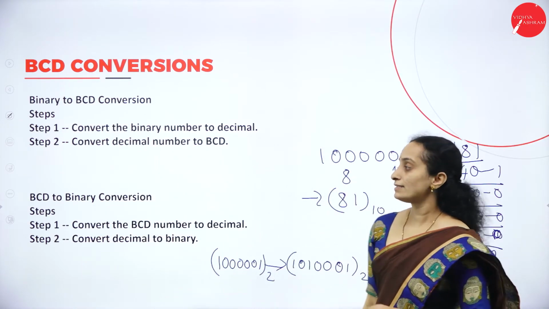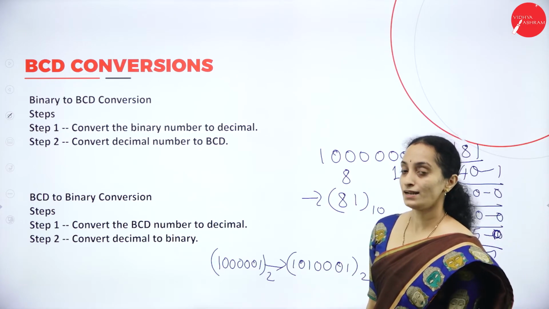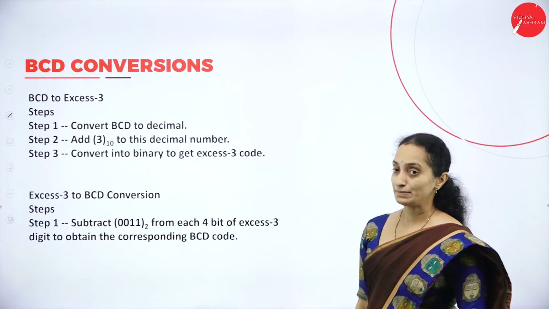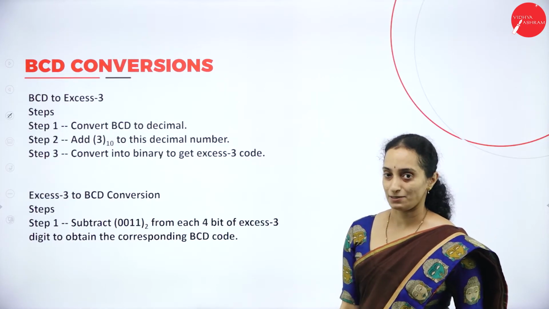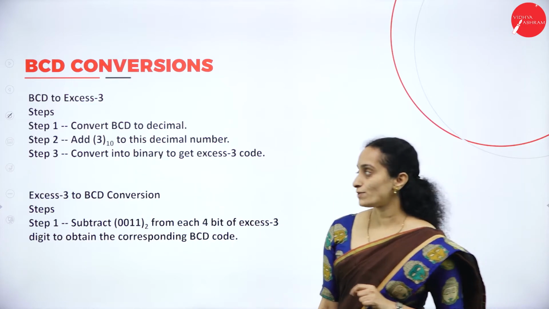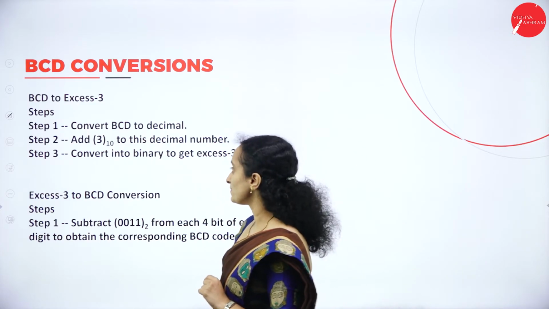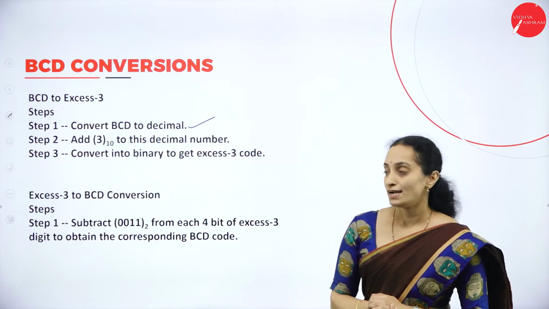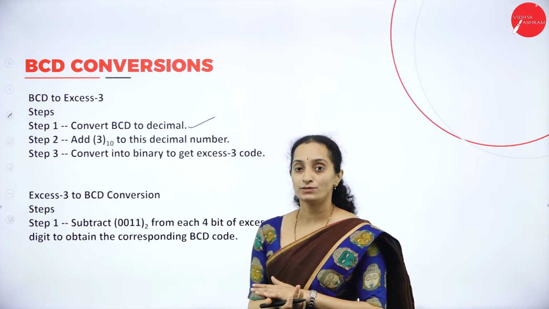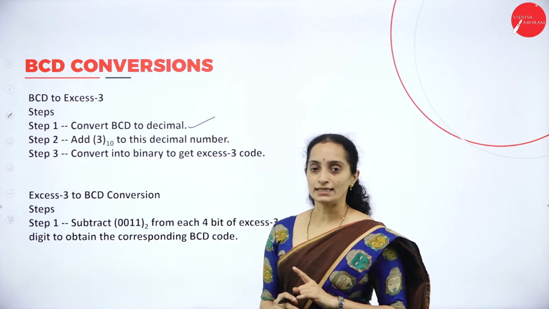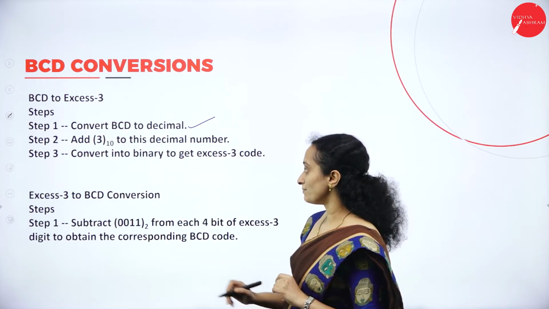Okay, this is one representation. Now we have another representation, from BCD to XS3. Suppose you want to convert the representation from BCD to XS3. What are the steps you can follow? The first step here is to convert BCD to decimal.